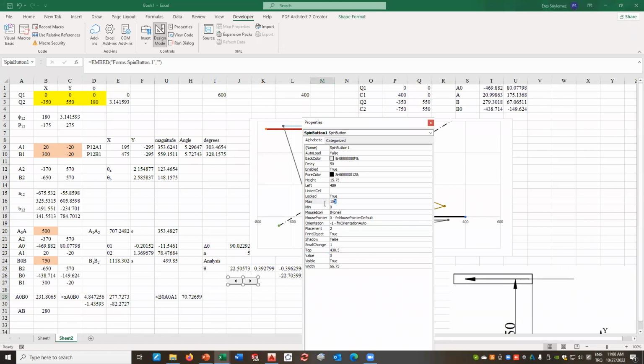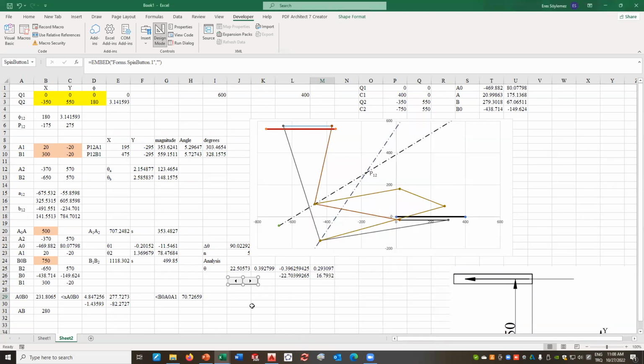This time it is very easy, from 0 to 20, units of 1, that's good enough. Okay, in cell J23, J23 is the linked cell. Let's see.